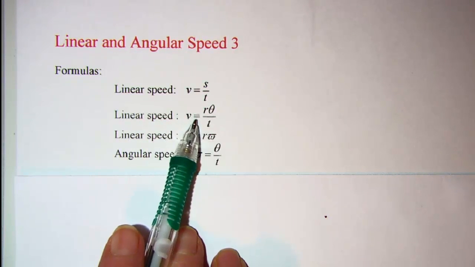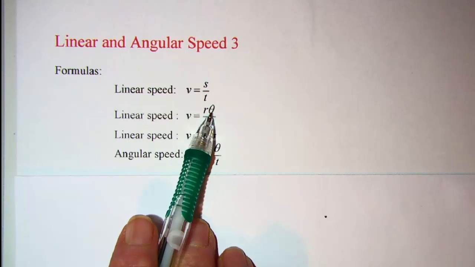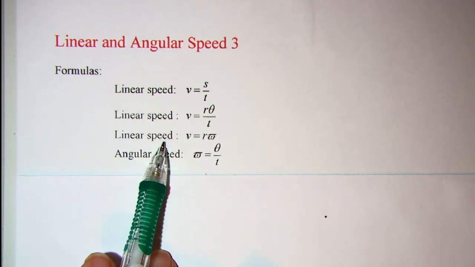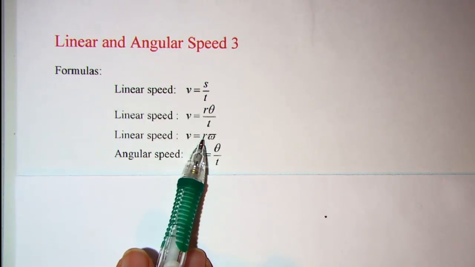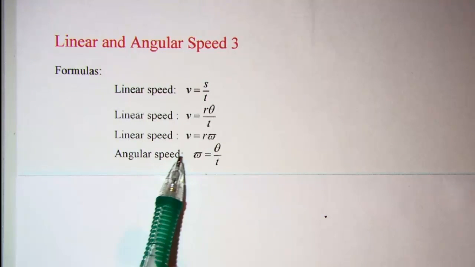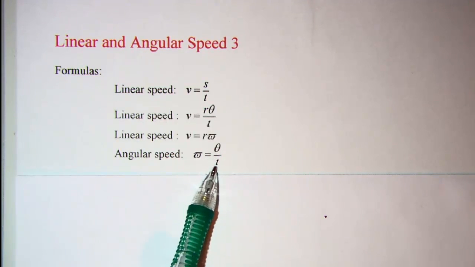Linear speed is equal to the radius of the circle times the measure of the central angle in radians divided by time. Our linear speed is equal to the radius of the circle times the angular speed, or angular speed is equal to the measure of the central angle in radians divided by time.